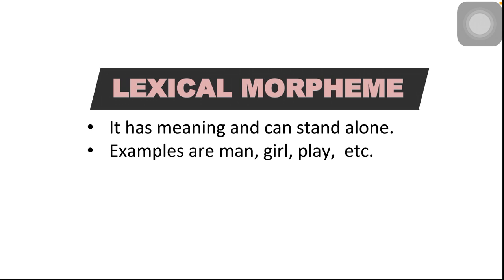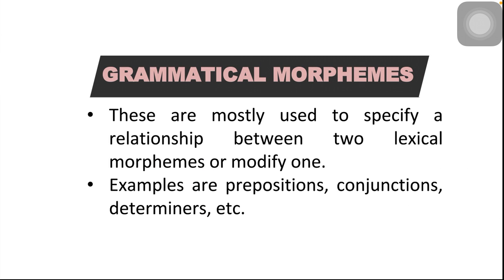The lexical morpheme has meaning and can stand alone. Examples are man, girl, play. These single words that can stand alone are called lexical morphemes. Next are the grammatical morphemes. These are mostly used to specify a relationship between two lexical morphemes or modify one.